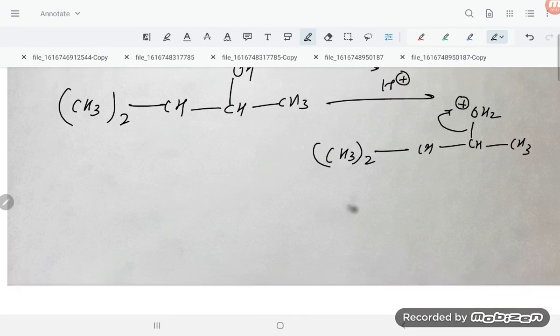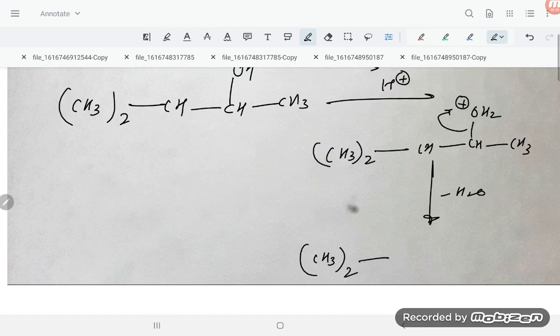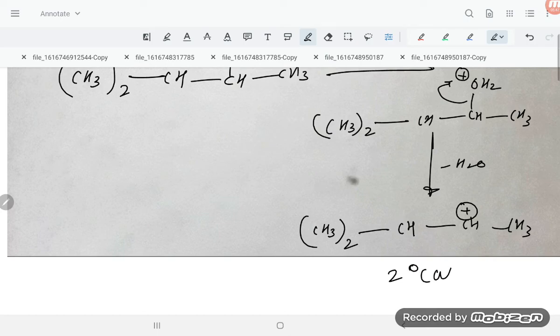Here it will leave, minus water molecule, so you can see the product: CH3 twice, CH, CH with the positive charge, CH3. This is the 2 degree carbocation.